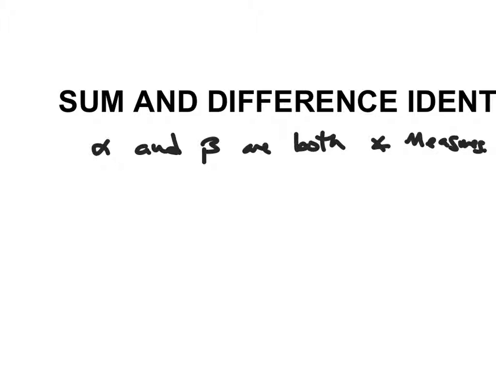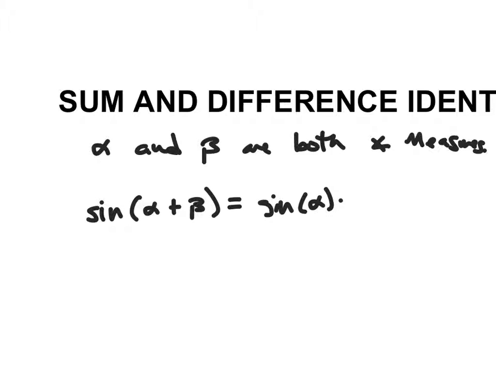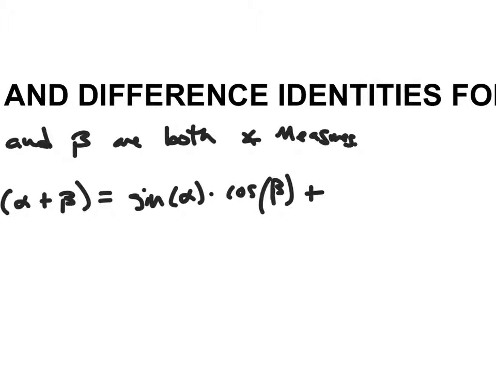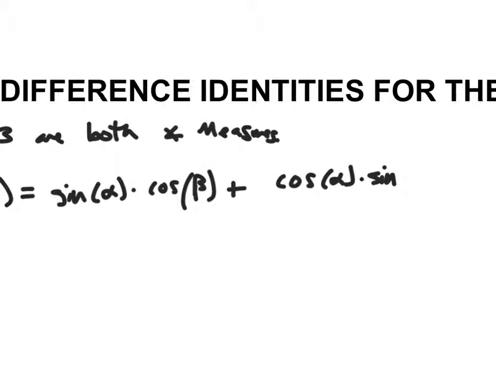If I had sine of alpha plus beta, that would give me sine of alpha times cosine of beta plus, so the signs stay the same, cosine of alpha times sine of beta.